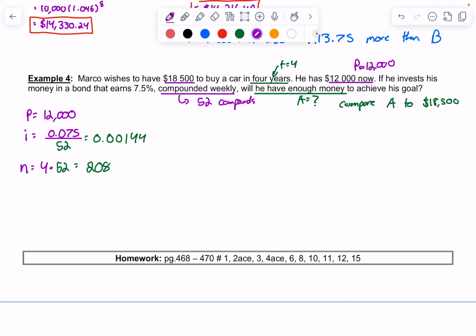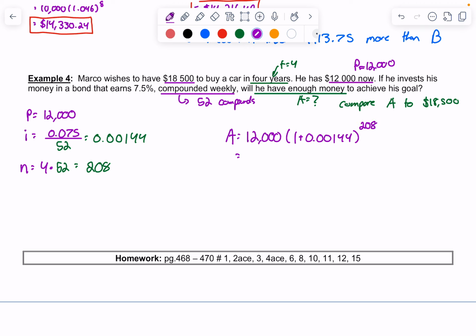So now just put it in your formula. A is equal to your principal, 12,000, multiplying by 1 plus the interest rate, 0.00144, all to the power of 208.